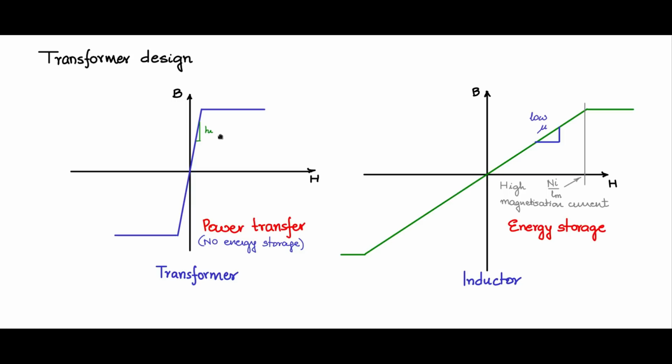Because of this high slope, to reach the same BM, you will need much less current. The Ni by Lm, less magnetomotive force or less magnetizing current I, is needed to bring the transformer core to an operating level BM or even BSAT.